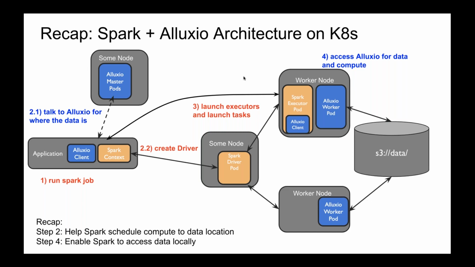The recap is we helped Spark schedule compute to data locality, to data location, and in step 4, which is the compute step, we enabled Spark to access the data locally, which is a great boost to data performance.